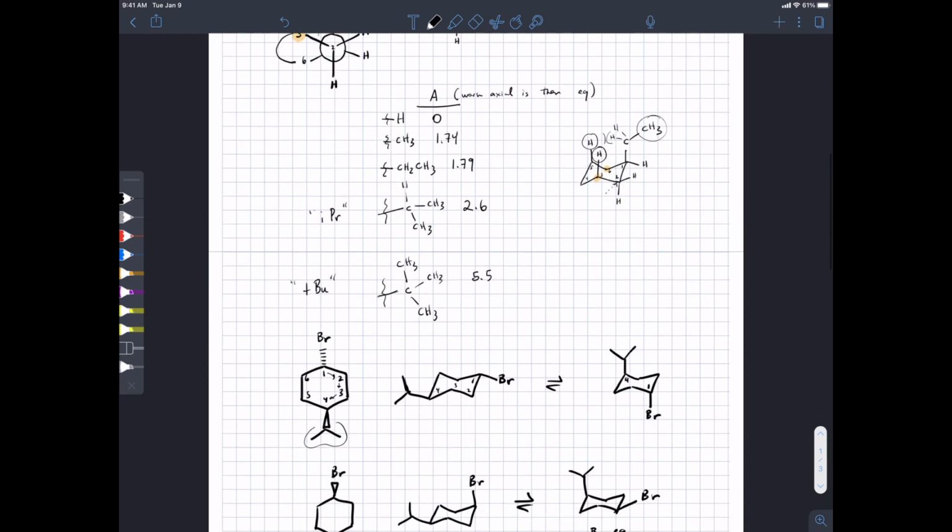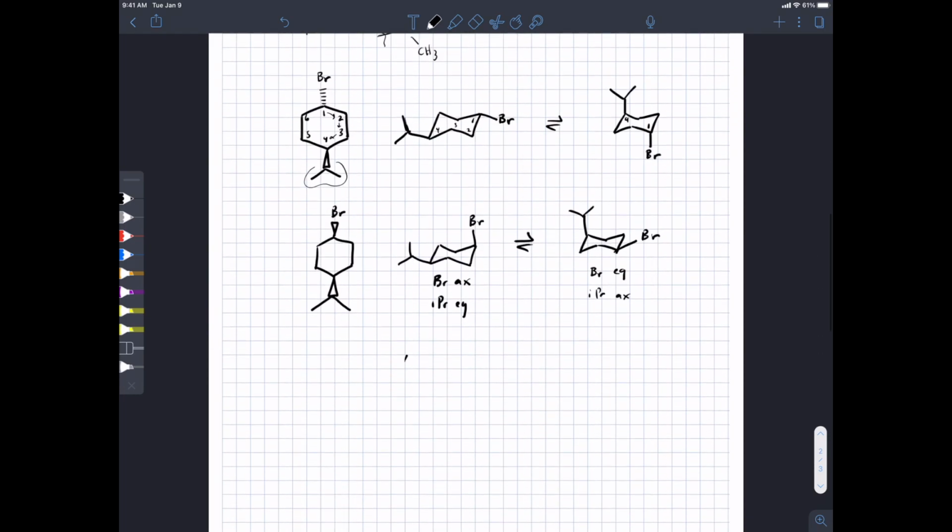If you look at the A value for bromo versus isopropyl, for bromo it's actually 0.38. For isopropyl, it's 2.6. So first off, the data tell you what? Which of these two options for the stereoisomer below is better?